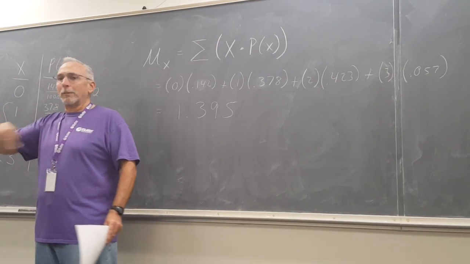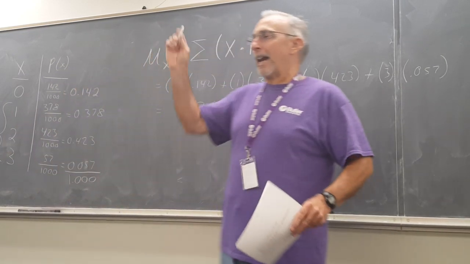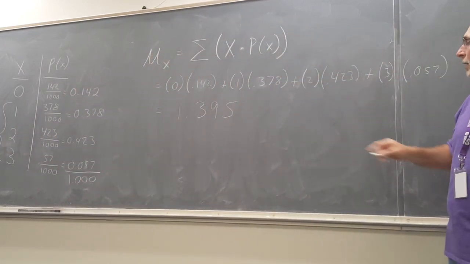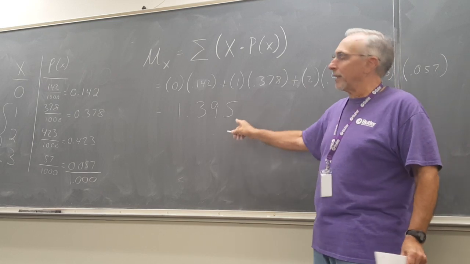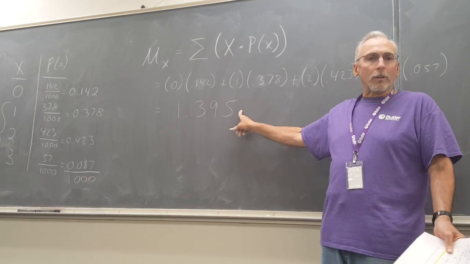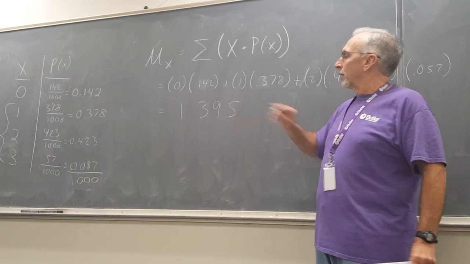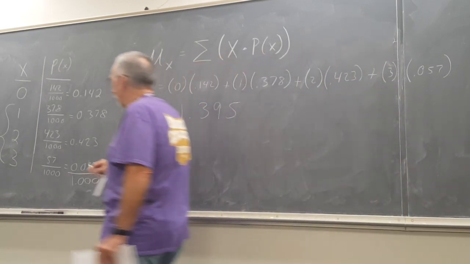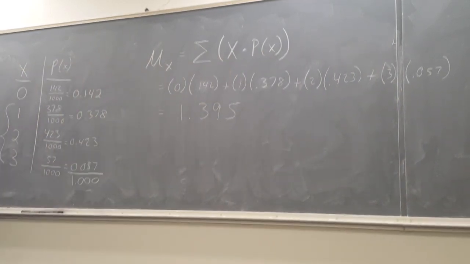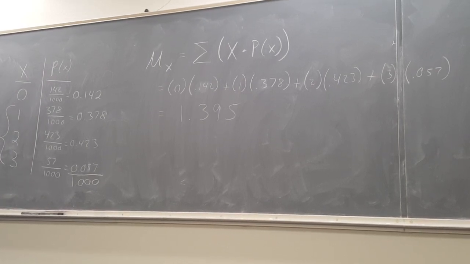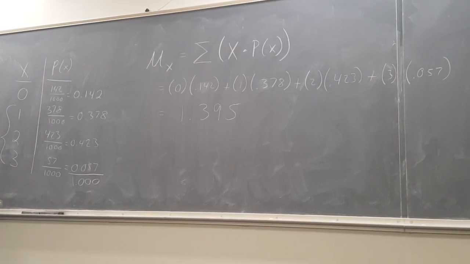If I kept doing this many, many times, and added up how many cars those families had, the average, or the mean, would be about 1.4. So the average number of cars for those households is 1.4.